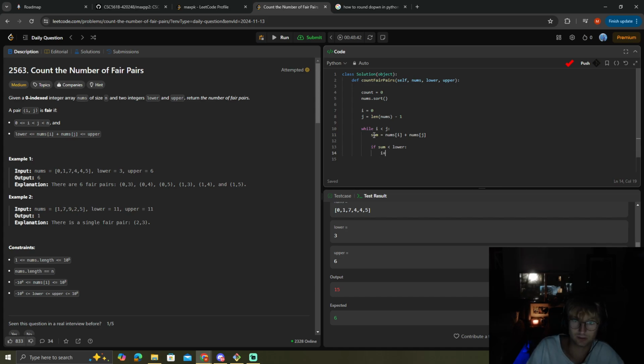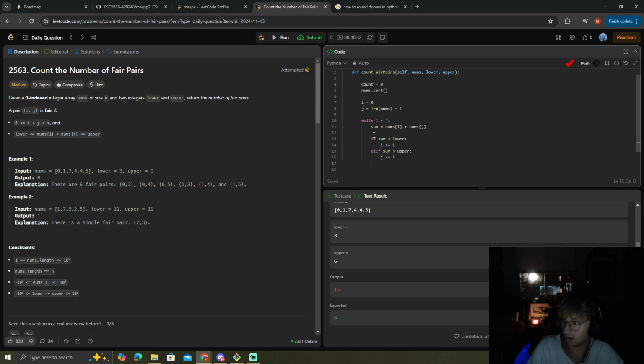Okay, get this one. i plus equal to 1. Also, if sum is greater than upper, we want to move j backwards. Else, it's in the middle. Count.